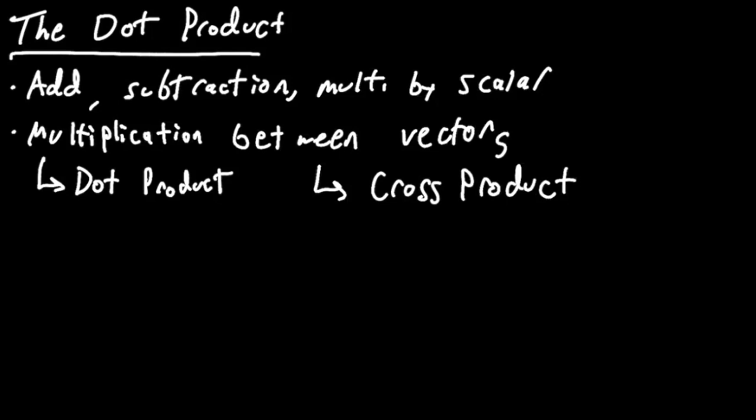And the notation that we use for vector multiplication is really important. The dot product, if we have two vectors, v and w, is v, and then we have a dot in between, and then w.